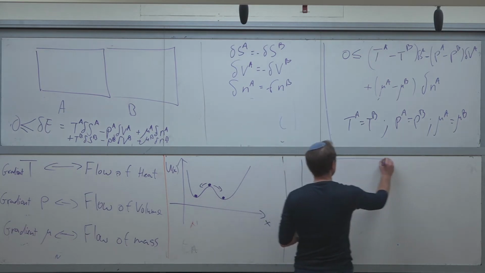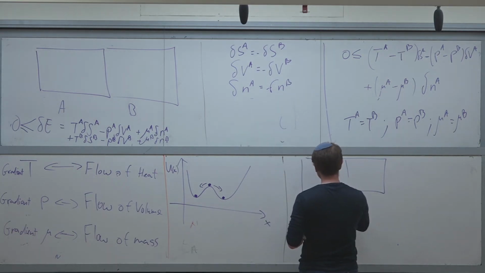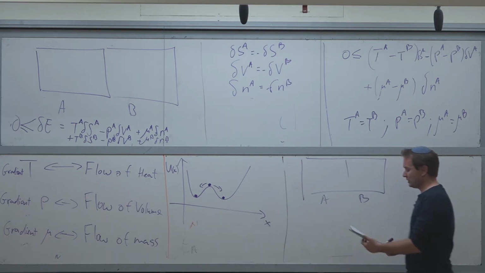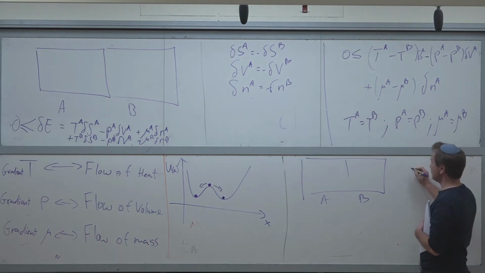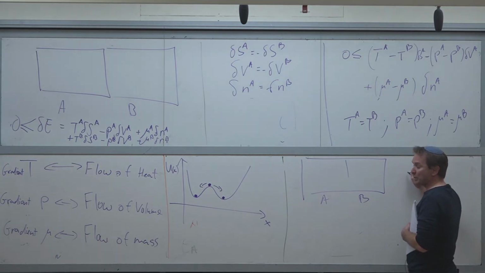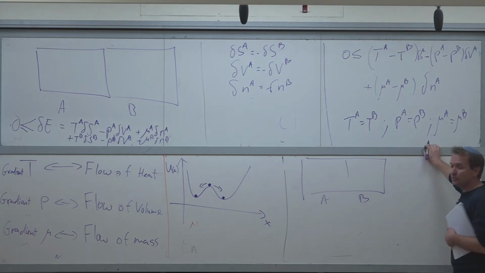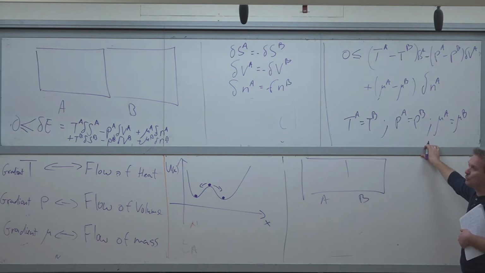So this is my system A, my system B. I know that no matter what I do, the total entropy is going to be the same, the total volume is going to be the same, and the total number of particles is going to be the same.